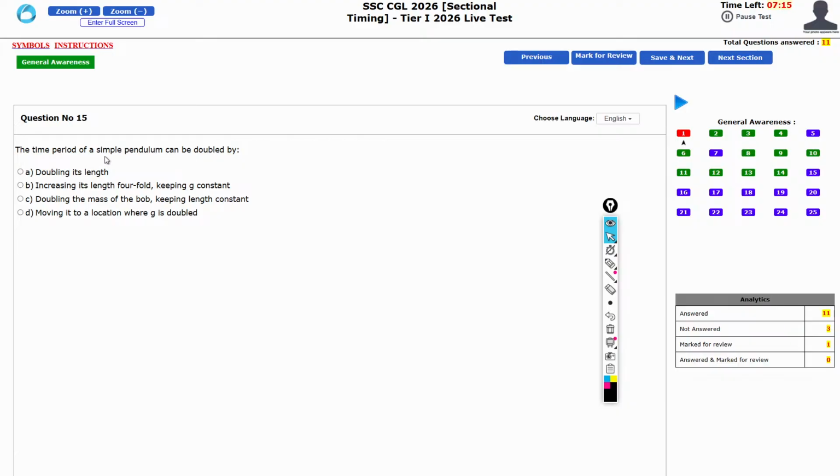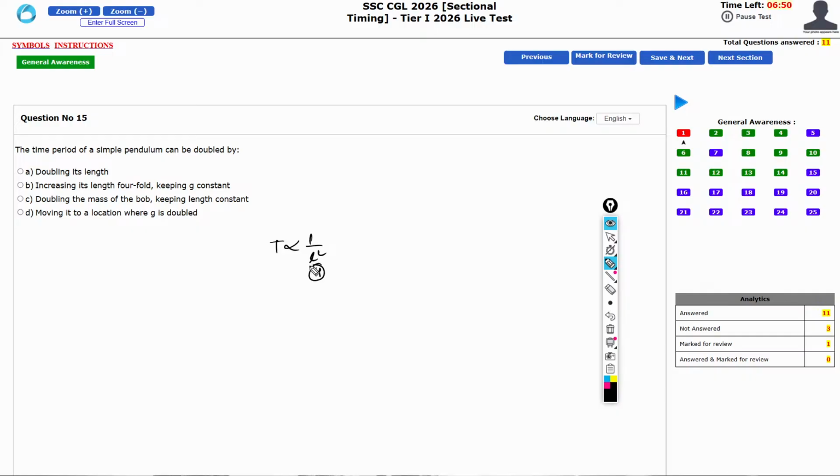The time period of a simple pendulum can be doubled by. Is it like this? No. Doubling its length. Okay. Increasing its length fourfold.